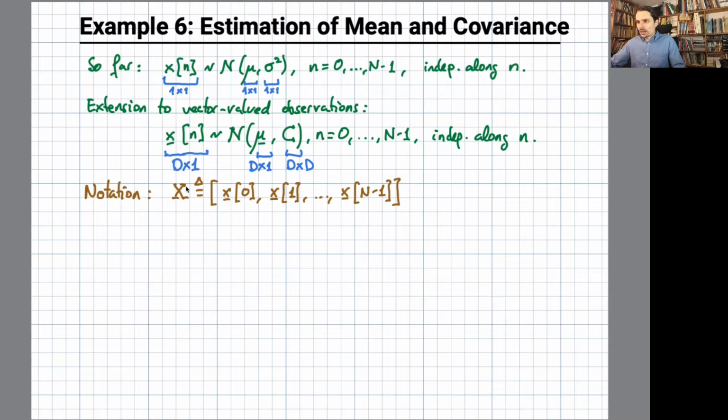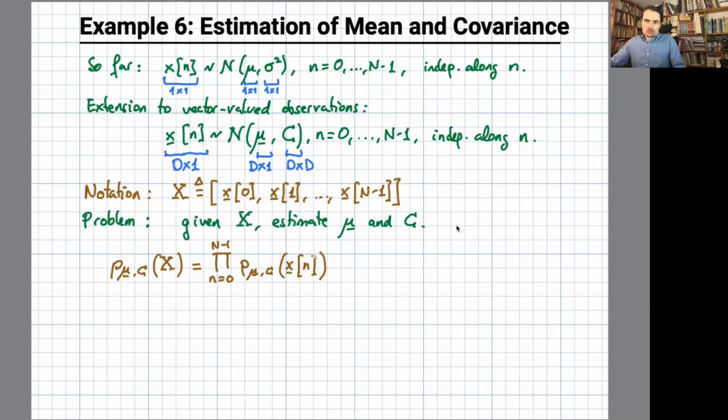So therefore, X is of size D by N. The problem is, given this data matrix, estimate mu and C. And if we want to do that using ML, the first step is to obtain the likelihood function, right? In this case, the PDF can be written as the product of the PDFs of each sample because of independence, right?